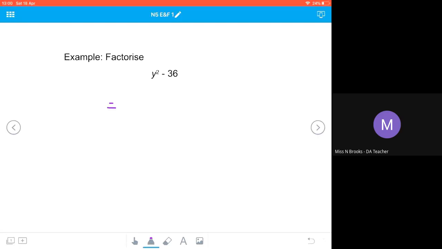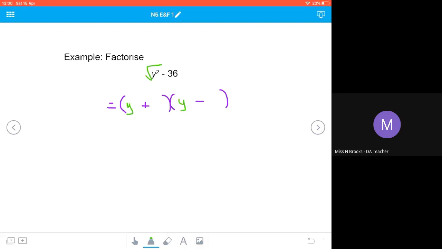So we know that we're going to have two brackets, and one of the brackets is going to be positive and one of the brackets is going to be negative. Now the first term in each of our brackets is going to be the square root of that first term. So the square root of y squared is y. So we know that when we do y multiplied by y, we're going to get back to our y squared.